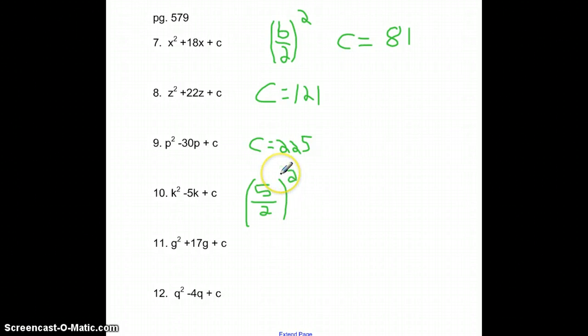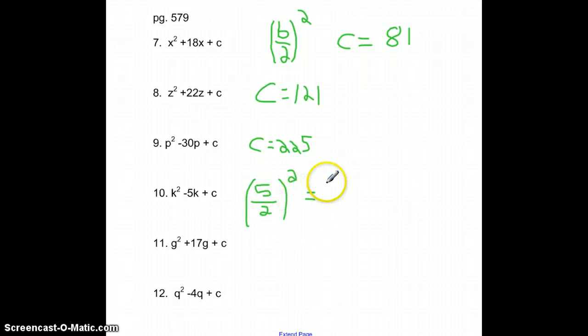Now, what we could do is say, hey, 5 over 2 is 2.5. Then we could take 2.5 times 2.5, and then we start getting into the decimal 6.25. That's not really going to help us in completing the square, because then our c value is 6.25. And some of you are going to scream at me and say, that's not a perfect square. So think about this. Just keep it in terms of a fraction.